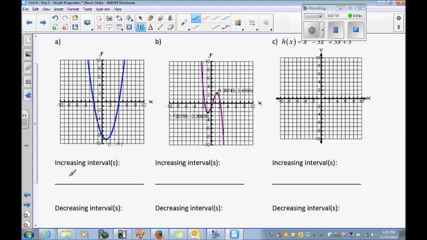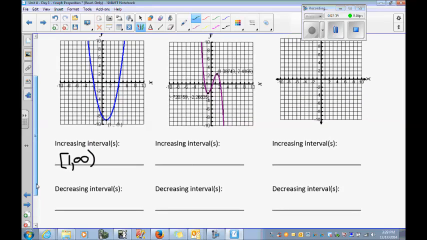So it's increasing from 1, and it doesn't stop increasing, so it's going all the way to +infinity. I'm going to put a bracket around the 1 because that's where it starts. Infinity you cannot contain, so you would place a parentheses.